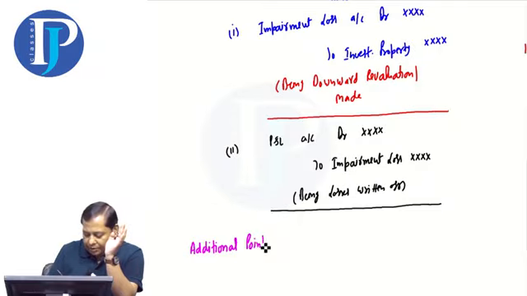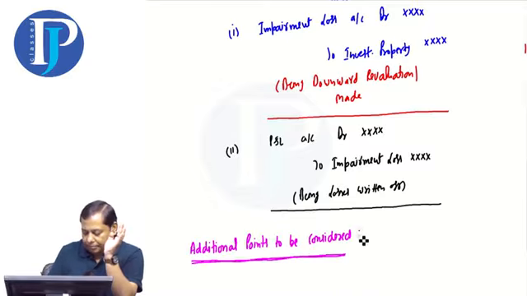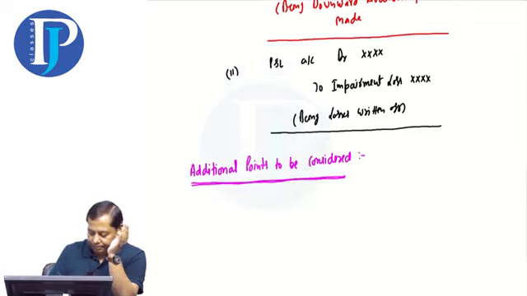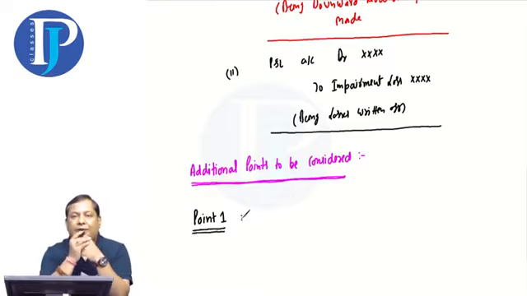Right under this, additional points to be considered. Point number 1. What would it be?